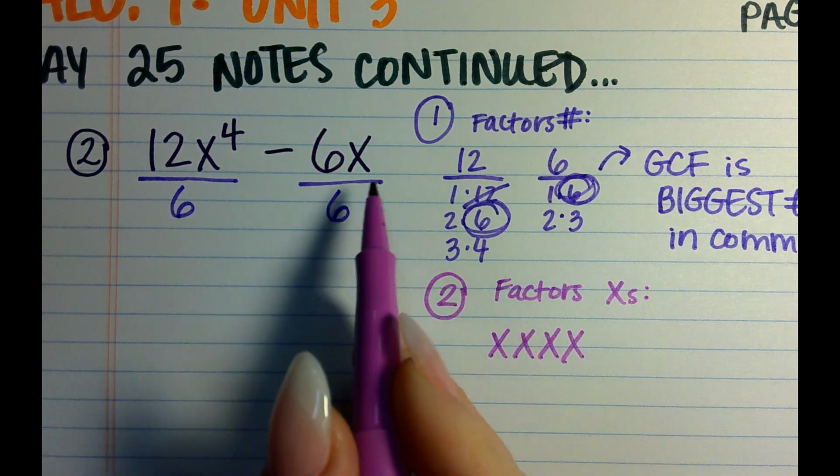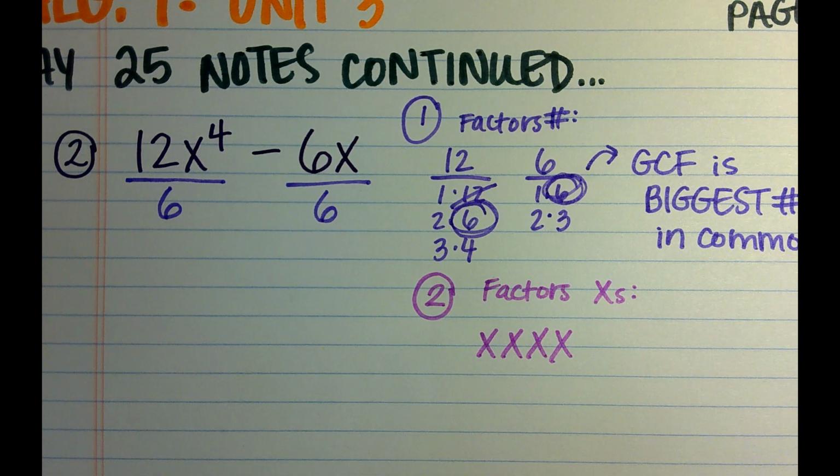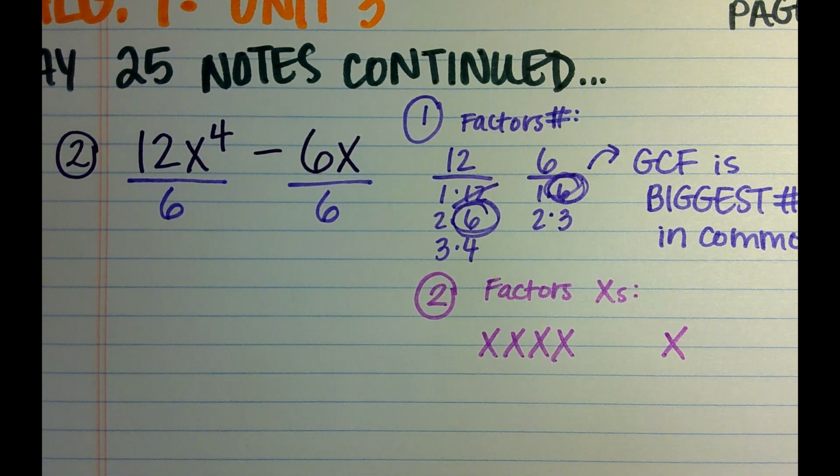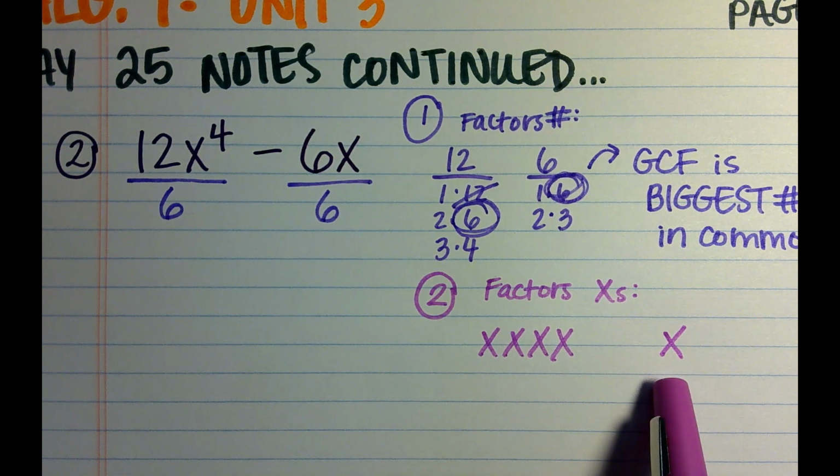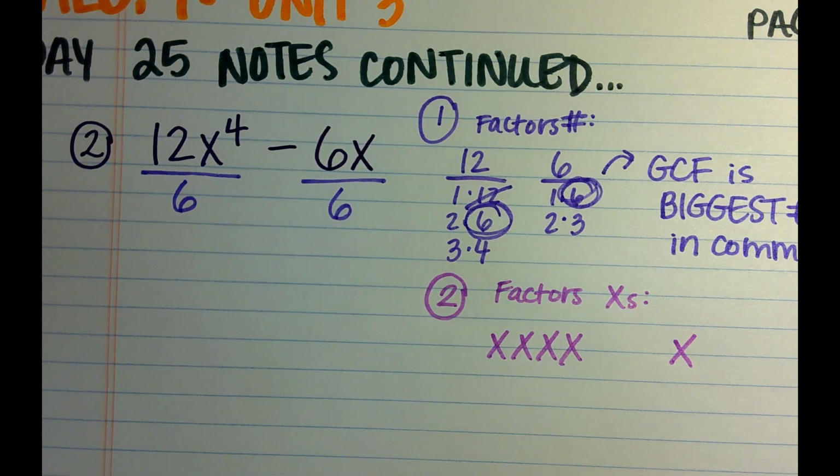And how many x's are here in 6x? 1. So what is the biggest number of x's that I can put into both terms? 1. There's only 1 right here. So that's going to be the biggest number that we can do.